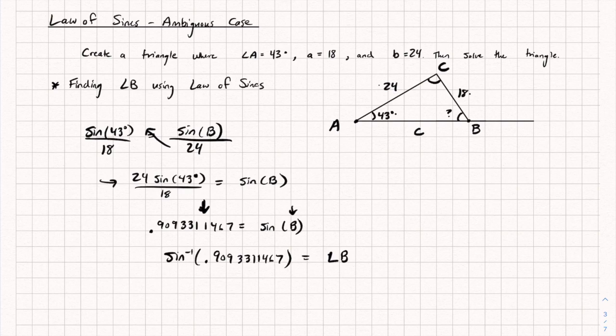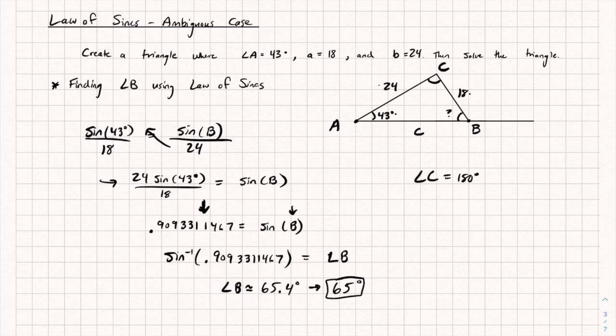When you do that in a calculator, you should find that angle B is roughly 65.4 degrees. Let's just go ahead and say 65 flat. So this means that if B is 65, because I know A, we can find angle C, right?